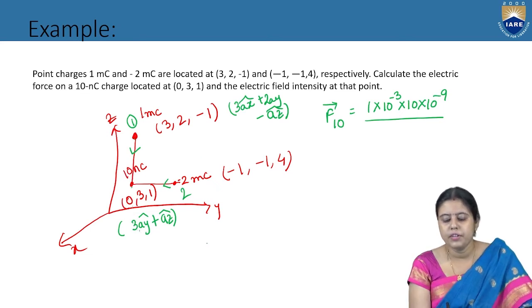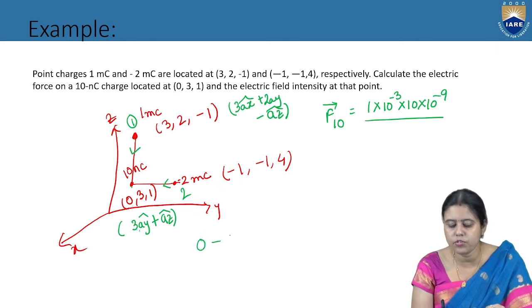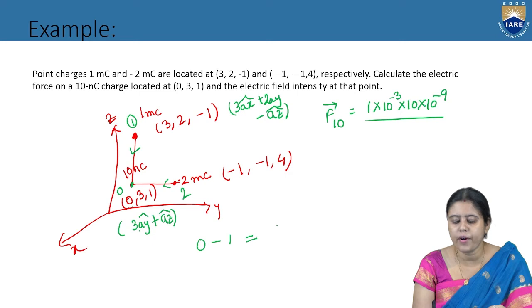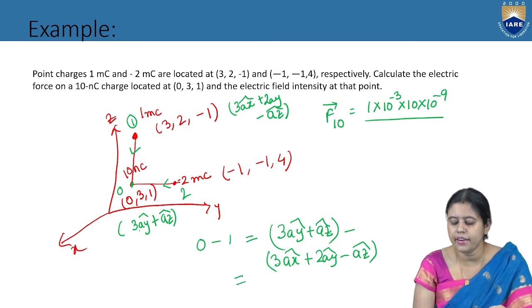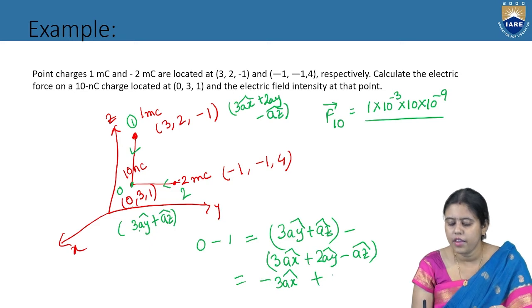So the vector from point 1 to point 0 is 3 AY plus AZ minus 3 AX plus 2 AY minus AZ, which gives minus 3 AX plus AY plus 2 AZ.